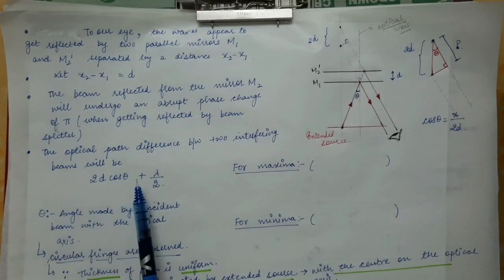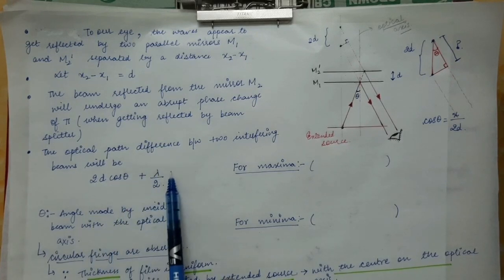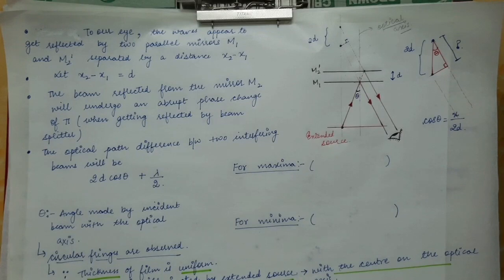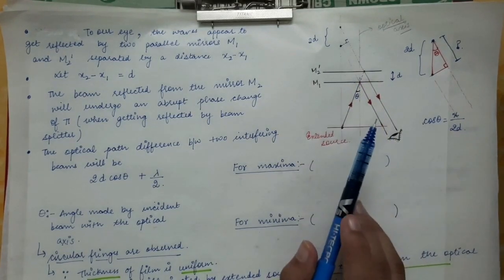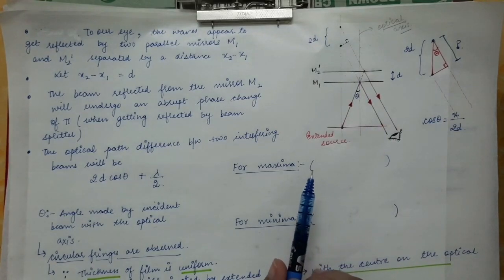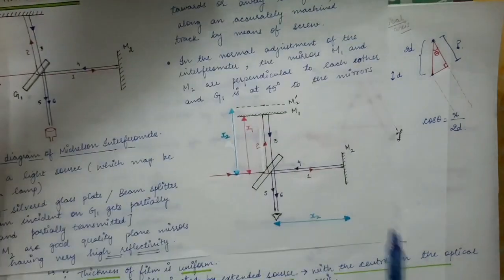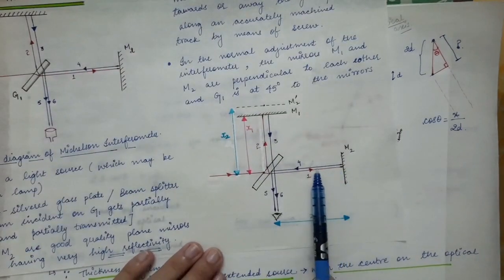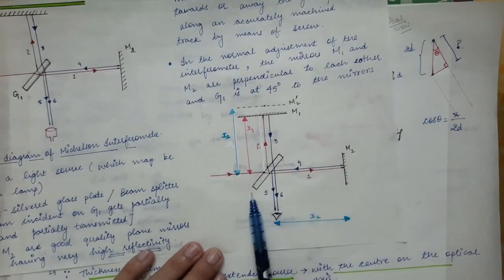But over here we have added a path of lambda by 2, and the reason for this term is that the ray is getting reflected by the glass plate. One of the interfering rays is getting reflected by the rear side of the glass plate, as we had shown in the last diagram, that ray 4, after getting reflected from the mirror, gets reflected by the glass plate.